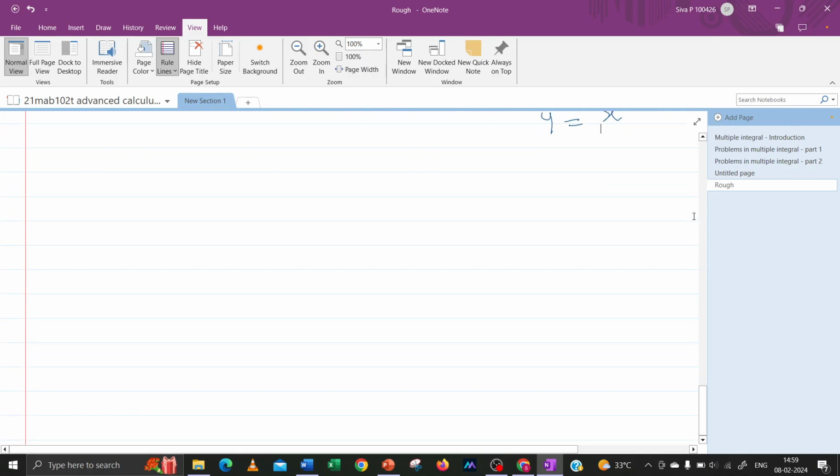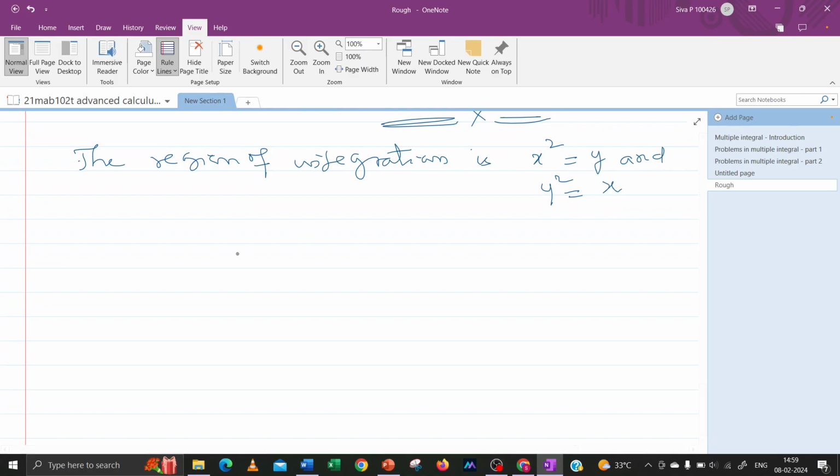Very simple. Here two curves are given. What are the two curves? Two curves are parabolas. So x square equal to y and y square equal to x are parabolas.